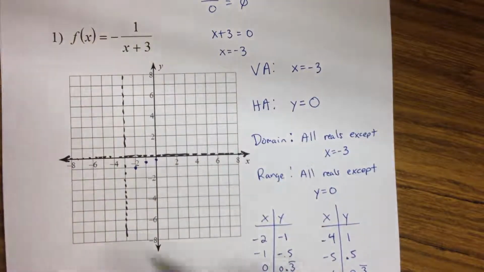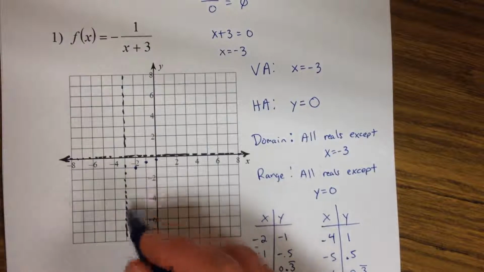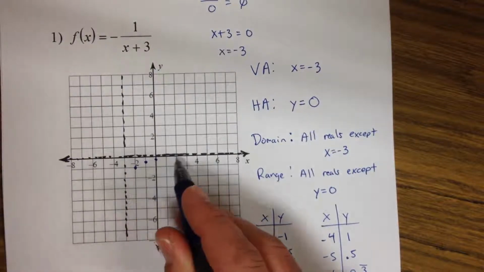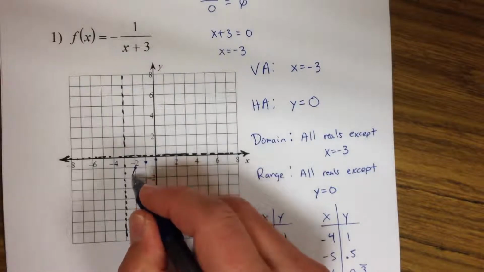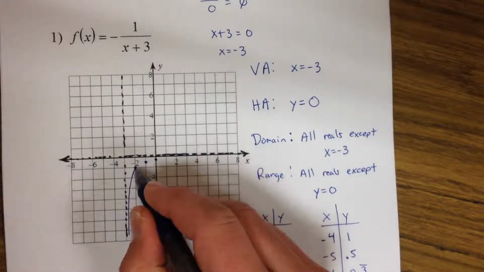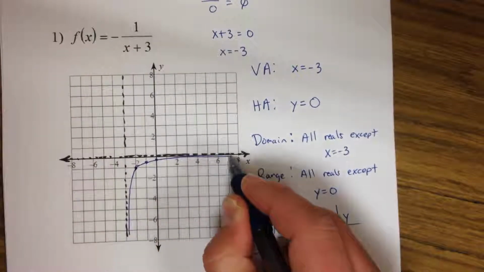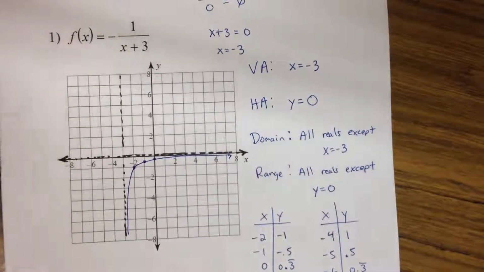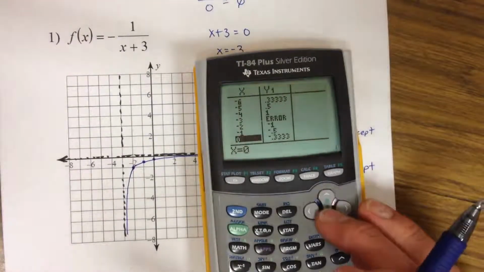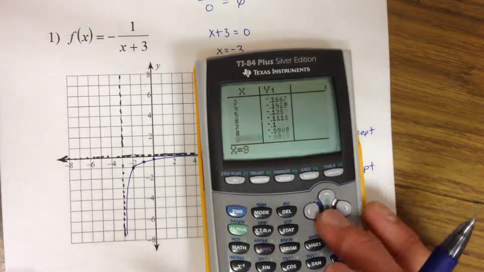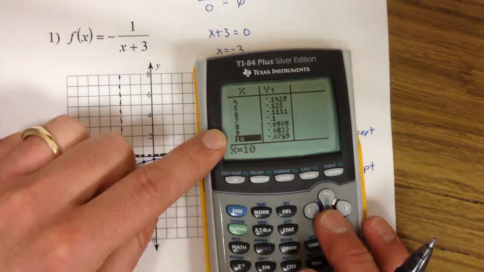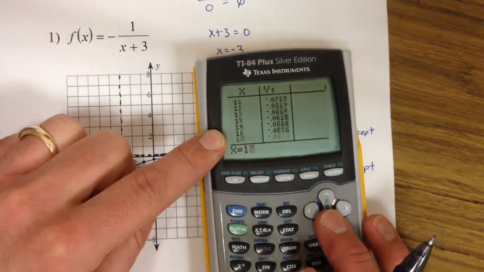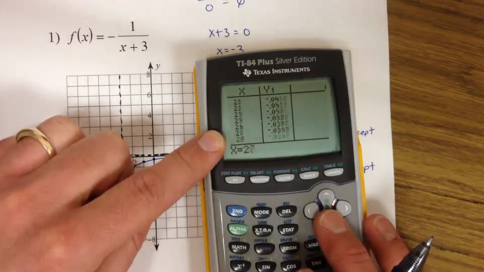And once you do a few of these, you're going to know that the nature of this graph is to get really, really close to this line but never equal to this line. So when you're graphing it, just make it get closer and closer. Because if we look at this, we're getting closer and closer to 0, but it's never going to actually equal 0.